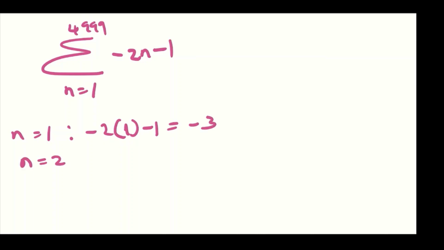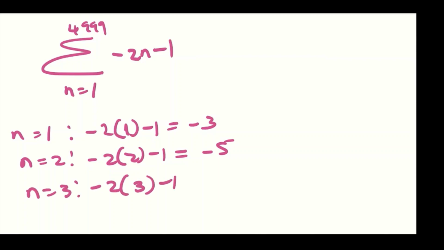When n is equal to 2, minus 2 times 2 minus 1, and another term is minus 5. When n is equal to 3, minus 2 times 3 minus 1, you're just going to get minus 7. So these are your three terms: minus 3, minus 5, minus 7.